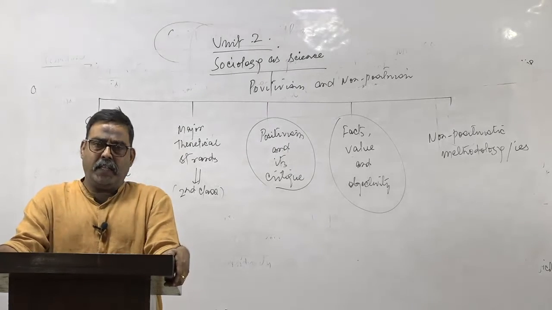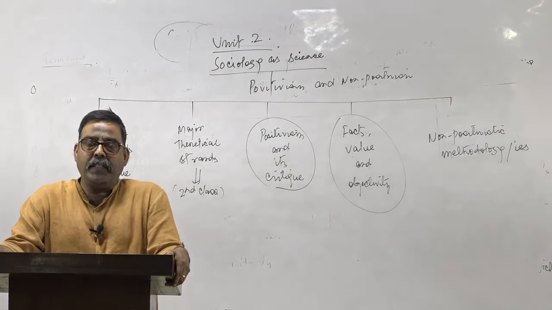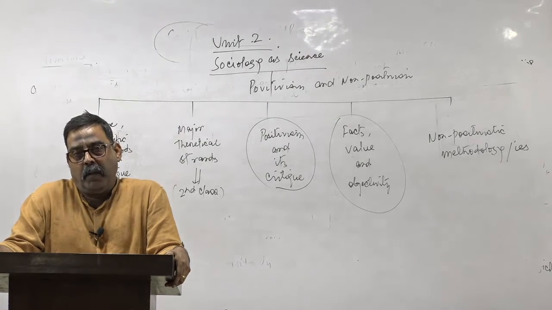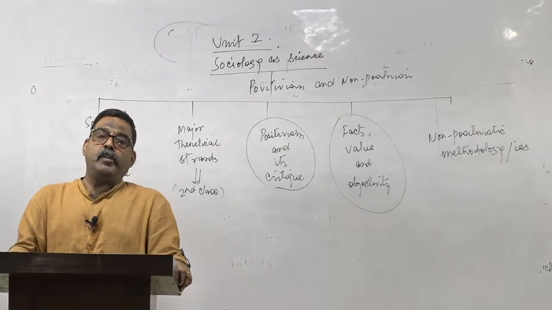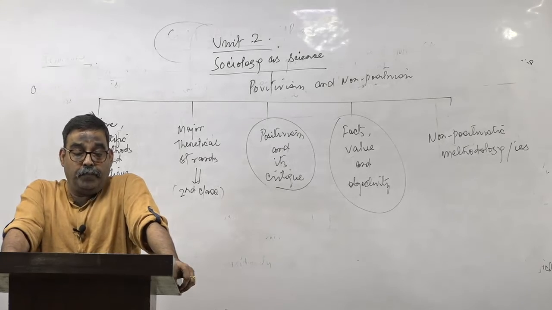And the two lines, once again, this is the third time I am repeating: whether any discipline or any subject is a science or not cannot be answered in a simple yes or no. And the difference that has been made between natural and social science is more a difference of degree than of kind.